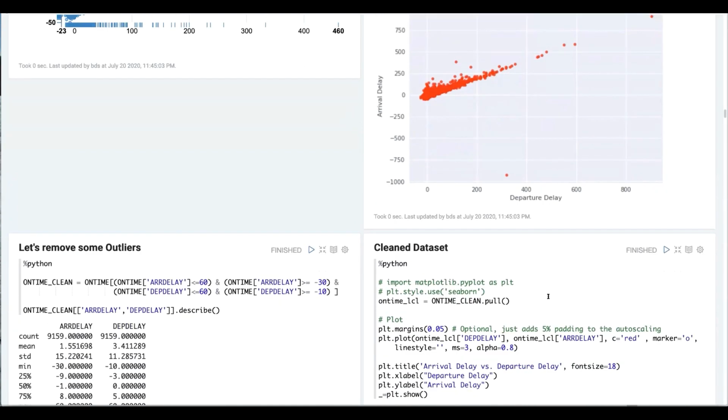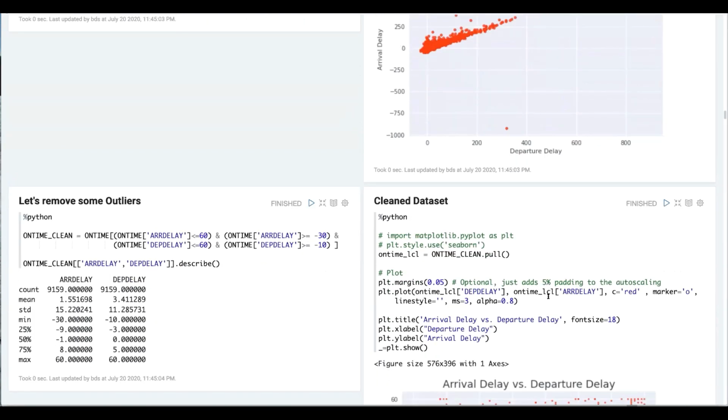So normally you have to make some assumptions, right? Smart assumptions. You want to be smart about it. But in my case, what I'm saying is, I'm going to look at arrival delays that are less than 60 minutes, departure delays that are less than 60 minutes, and then arrival delays that are at most 30 minutes early, right?